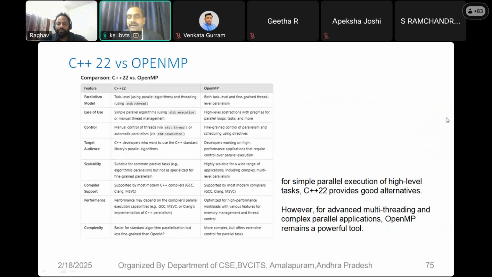I didn't find any query in the chat box regarding this parallel processing of HPC architecture or AI tools. Please directly ask the resource person, Mr. Raghava sir, for your queries.